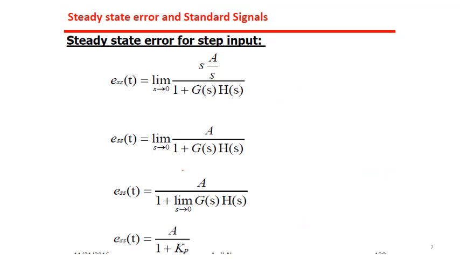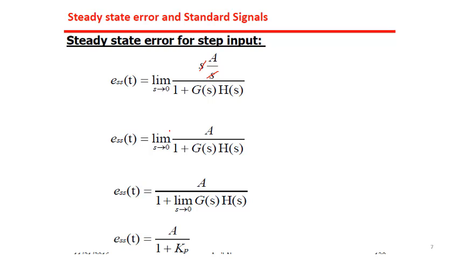Hence we get ESS equal to limit as s tends to 0 s into A by s in the numerator divided by 1 plus G(s) into H(s). Here we will be cancelling s and s in the numerator. We are left with the term A. Hence we get ESS equal to limit s tends to 0 A divided by 1 plus G(s) into H(s).